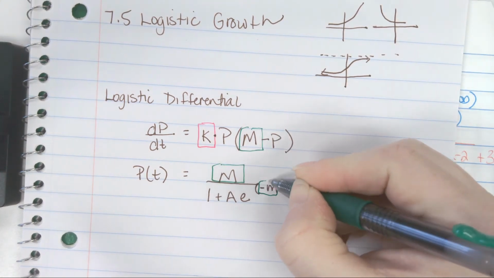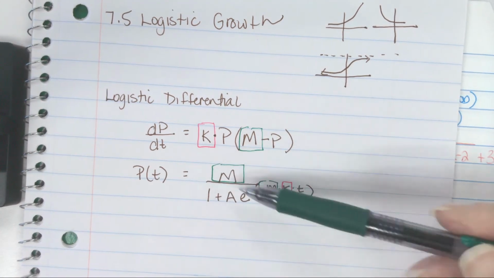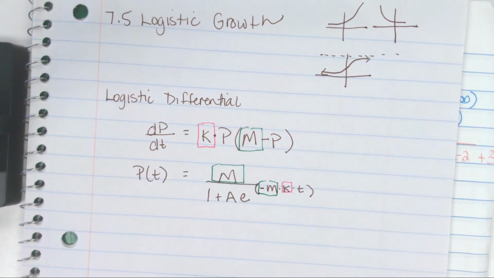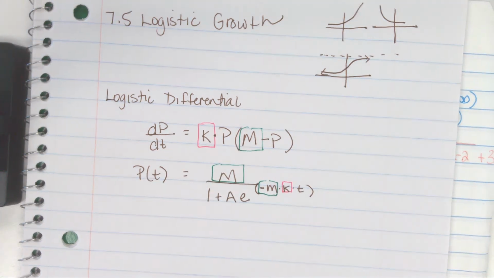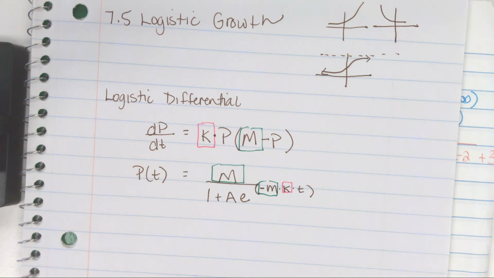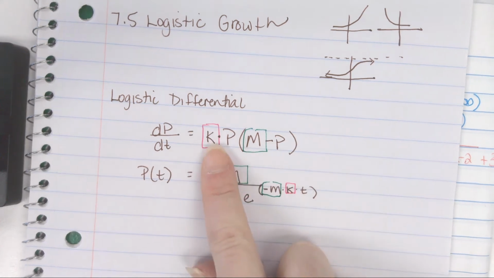So really, if you had the differential, you would take those two pieces, and then you might be asking yourself, there's still one other thing that we have to find. What is it? I would give you M and k, so A is what you need to find.